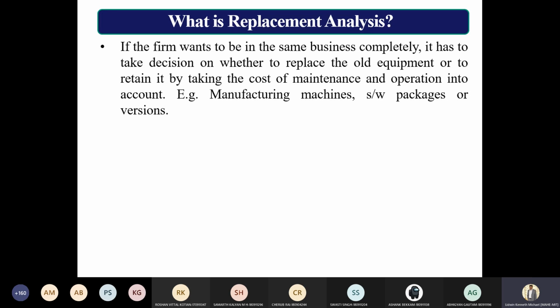The reason why we failed to meet the requirement was we were using very old machines, right? Very old machines. We were trying to retain them, trying to fix those machines and work on them. Actually, the company never thought of replacing that machine with a better or more competitive one.